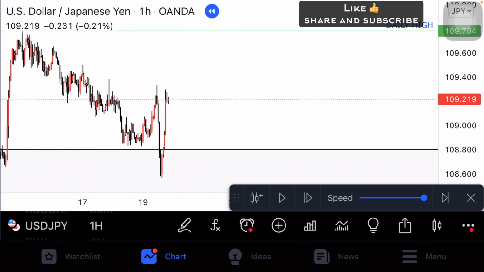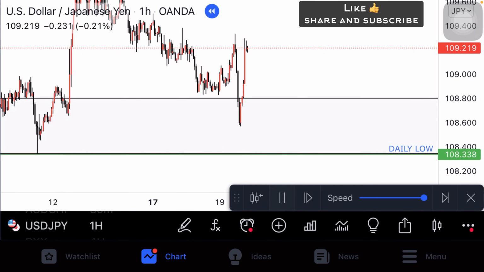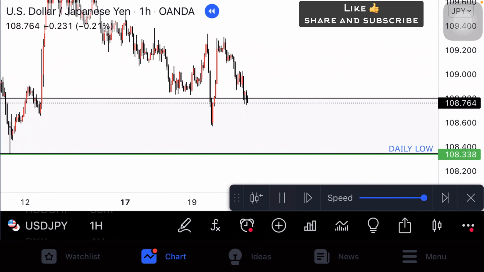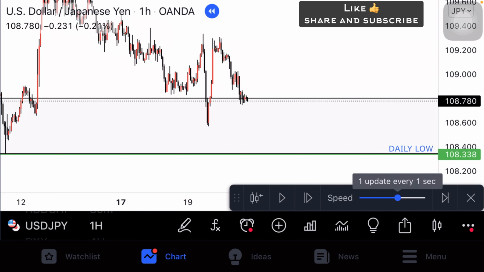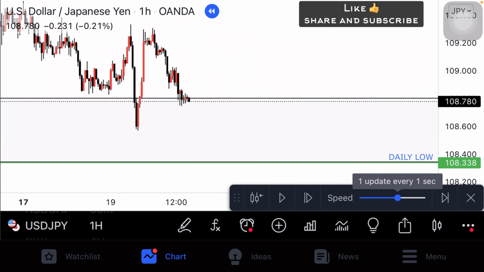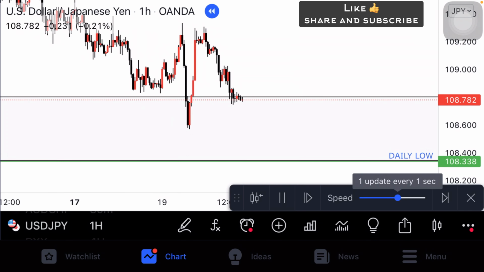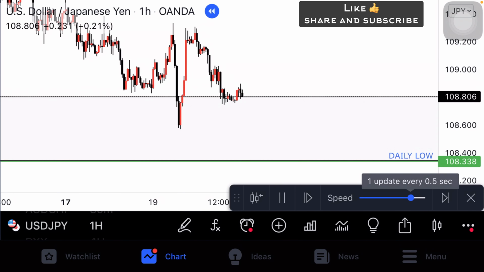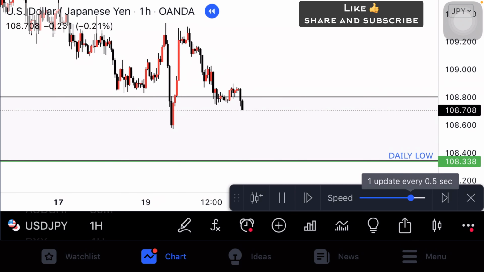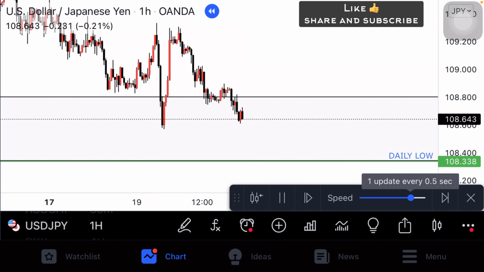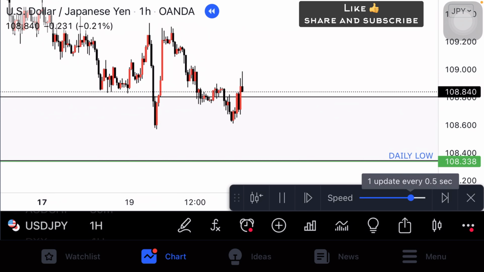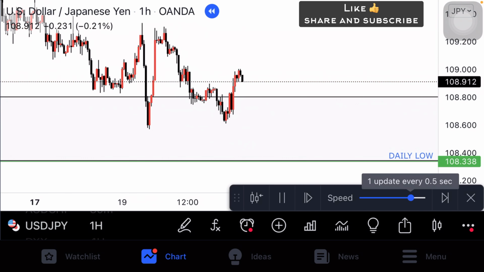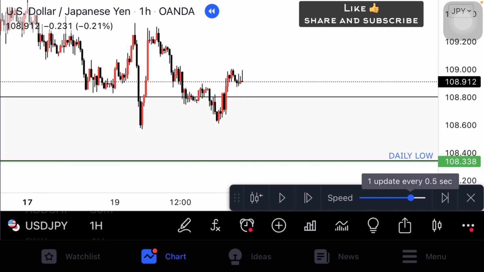All right, so let's play this. Let's slow down, we don't want to miss the entry. Now let's see, equal lows again. So we're looking for the market to now come and take out this equal low.